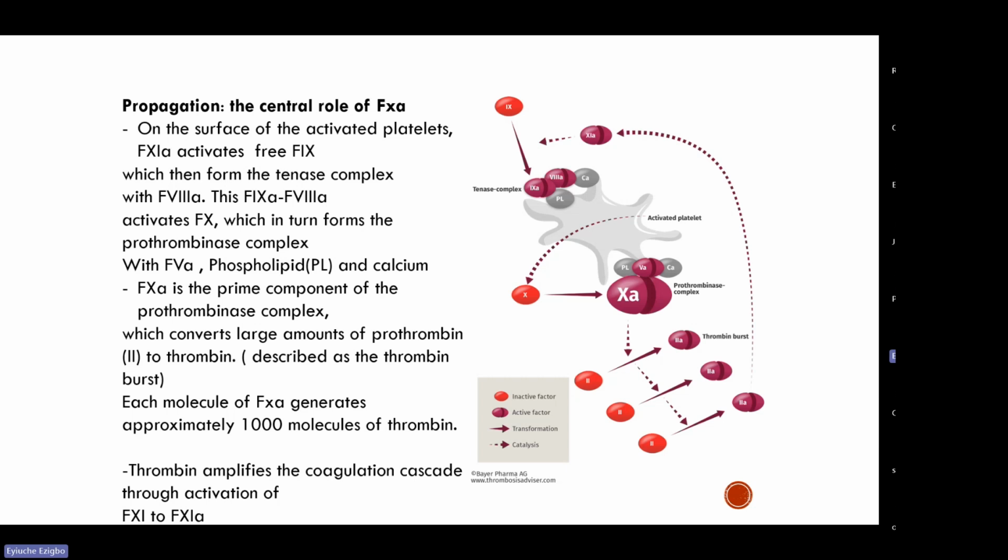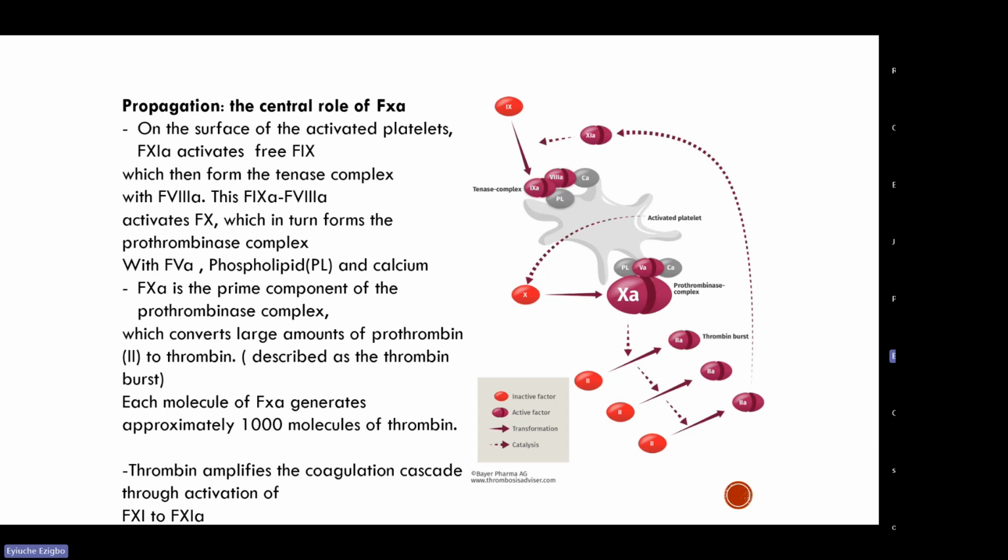Thrombin amplifies the coagulation cascade through activation of factor 11. See, the thrombin goes back to activate the coagulation factors. This is prothrombin being activated, the prothrombinase bursts, converting large molecules of prothrombin to thrombin.